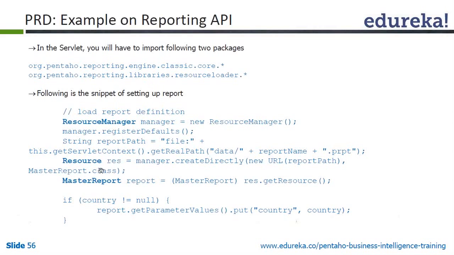It will create an instance of the master class as a resource. So it's a static method, get resource on the resource object, and it will return the master report.